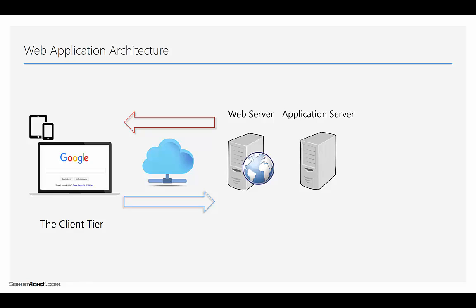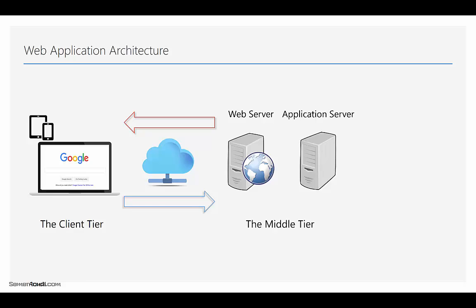So in this scenario, the web server is responsible for presentation. You ask for a page, the web server responds with the resource that you ask for. Behind it is the application server that's taking care of your login or that financial transaction where you're transferring money from one account to another.